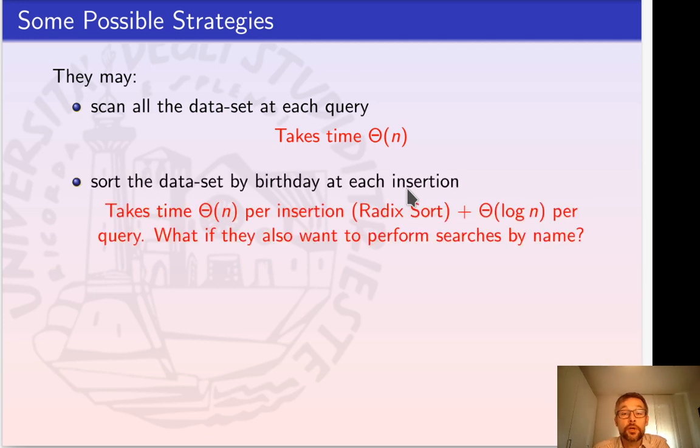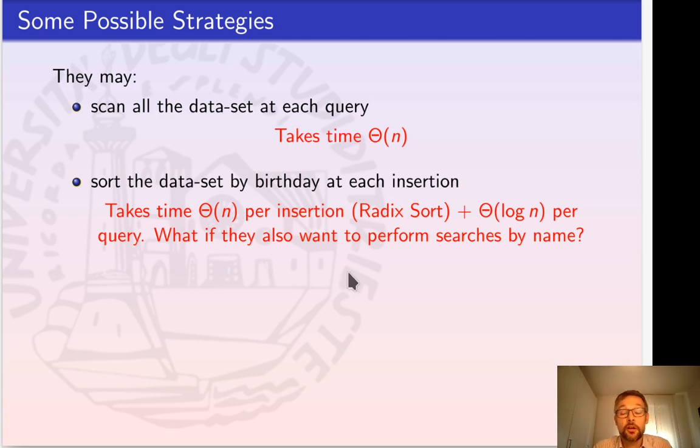What if we sort the dataset by birthday at each insertion? So let's figure out a situation in which our dataset is stored in an array, and every time we insert a new element, we need to perform a sorting, and that sorting allows us, of course, to query the database by using dichotomic search.